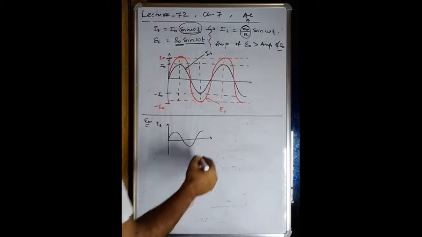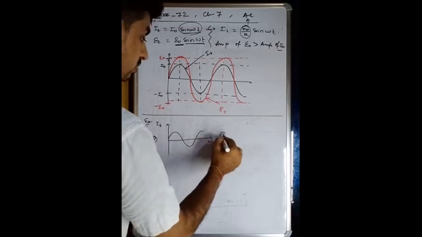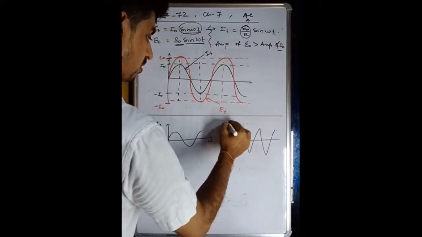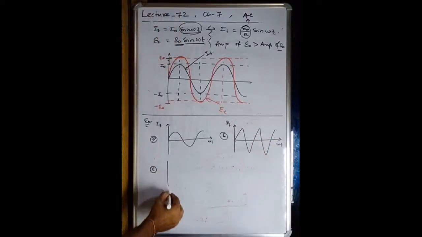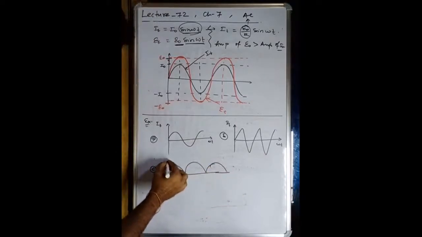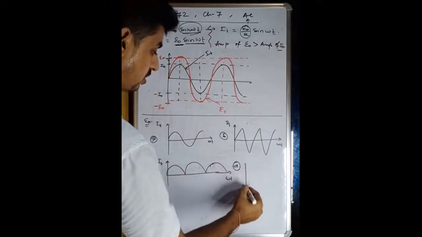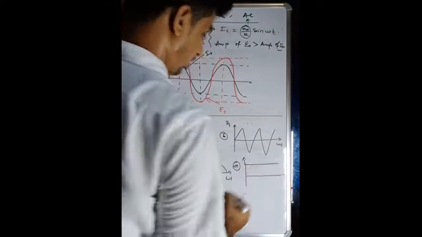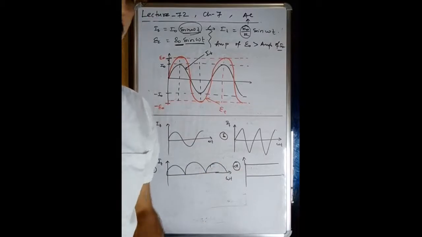This axis represents omega t or the time period. A, B, IT, this is omega t, C, this is IT, omega t, and D. Now my dear students, you have to guess which one is AC and which one is representing DC.